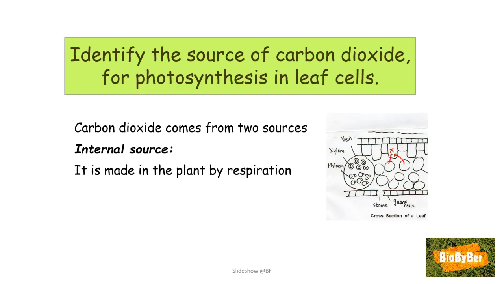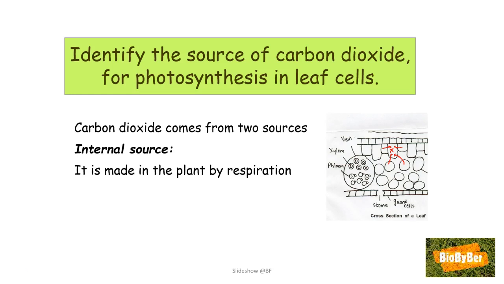So these neighbouring cells are making carbon dioxide in the process of respiration, and they will give it to this cell here that needs it for photosynthesis. Good neighbours make good friends.